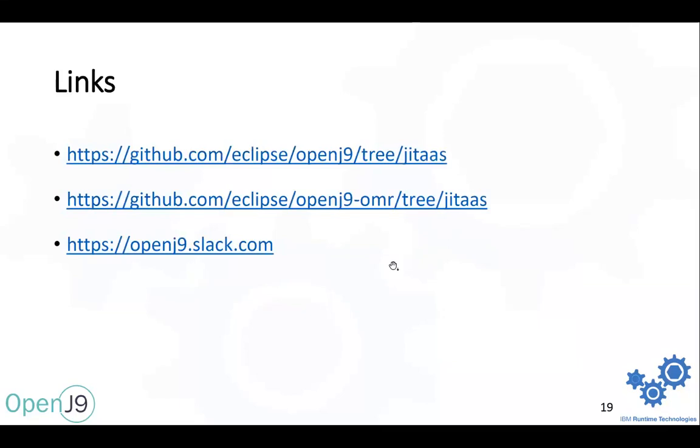As far as where to find it, these are some links to the actual repositories. There is a JIT AAS branch on the OpenJ9 Git repo, and a corresponding JIT AAS branch on the OpenJ9 version of OMR. And you can always find us on Slack.